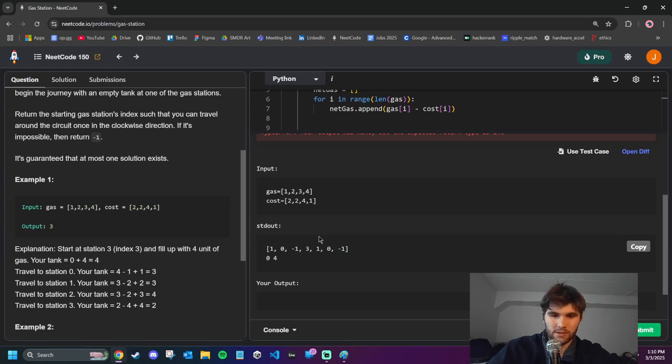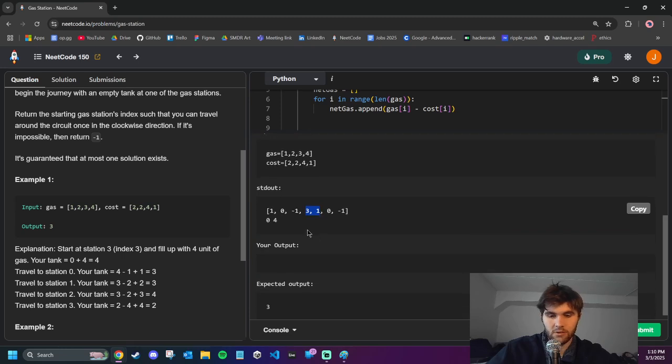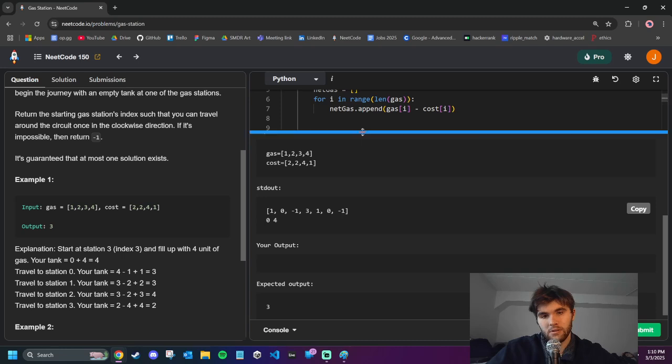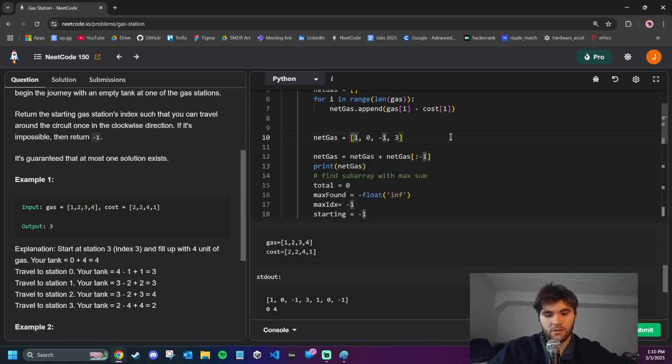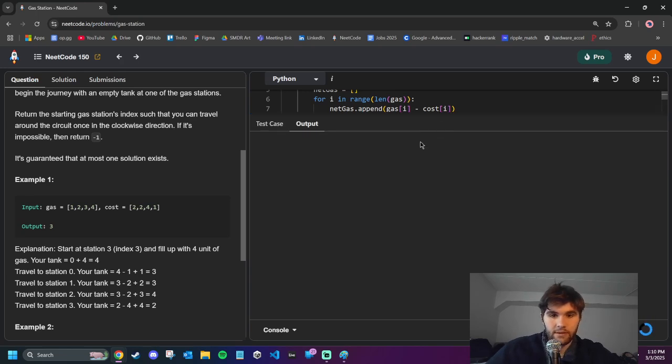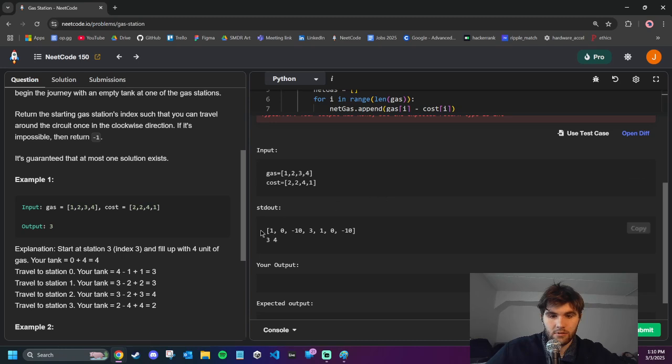Wait, is that true? Shouldn't it be here? Oh, well, I guess... Alright, let's make this -10. Okay, so now it is identifying correctly index 3.